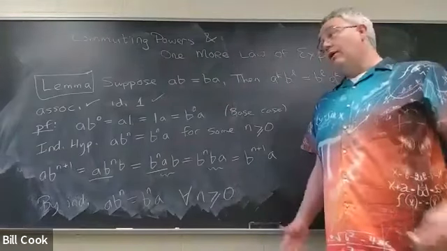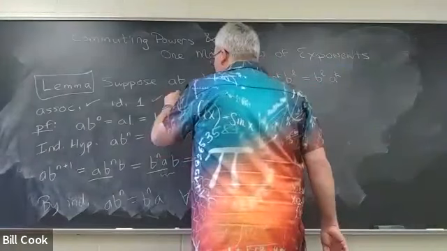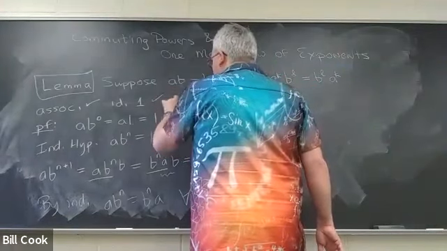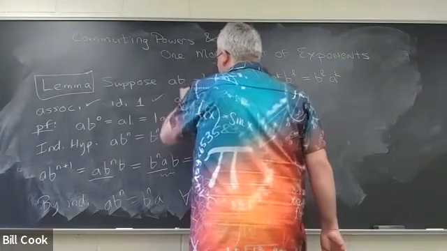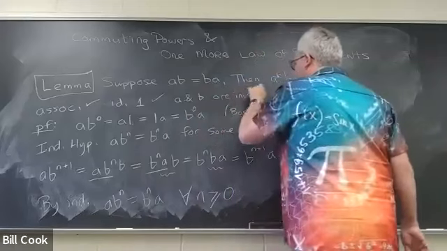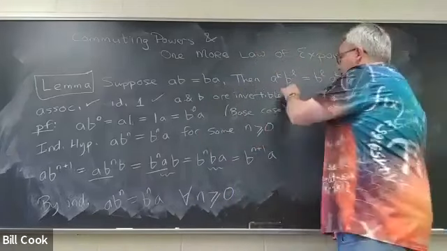Okay, what about negative exponents? Let's suppose now that A and B are invertible, so that they have inverses.